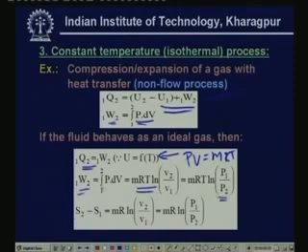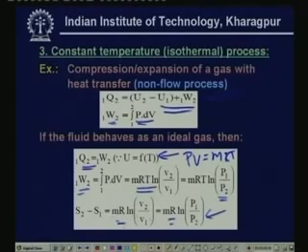So these equations are for the work transfer and heat transfer of an ideal fluid undergoing an isothermal non-flow process. And how do we find the entropy change? Again, you can use the TdS equation, either the first or the second. Since temperature remains constant, you don't have the dU or dH terms, so you just have the second terms of the TdS equations, and if you perform integration, you get these equations.